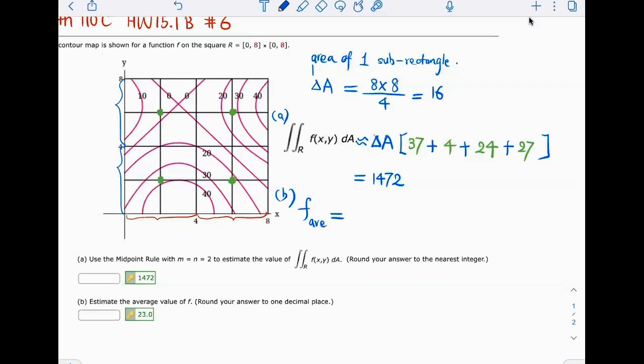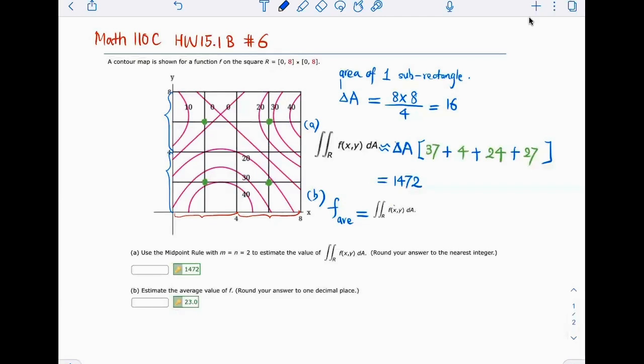It is that double integral that we have here divided by the total area. Because this is the integral of the function over this big rectangle, if we divide by the area of this rectangle, we'll get the average value of the function.